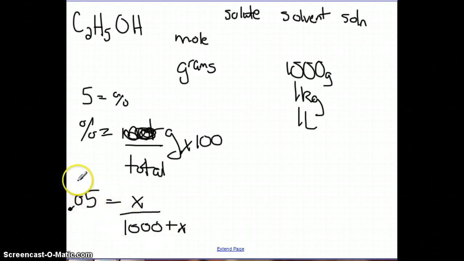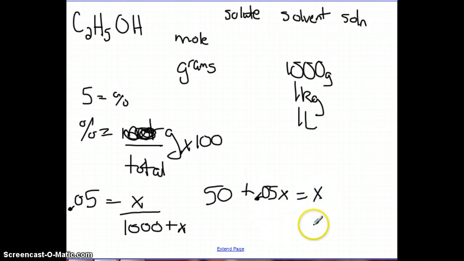Now let's do some cross multiplying to get this stuff off the denominator. So 0.05 times 1,000 is going to give us 50, and then plus 0.05x, and that is still equal to the top, which was x.